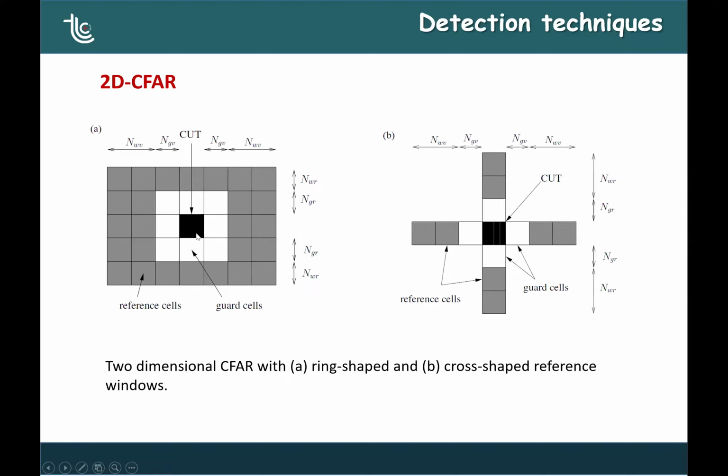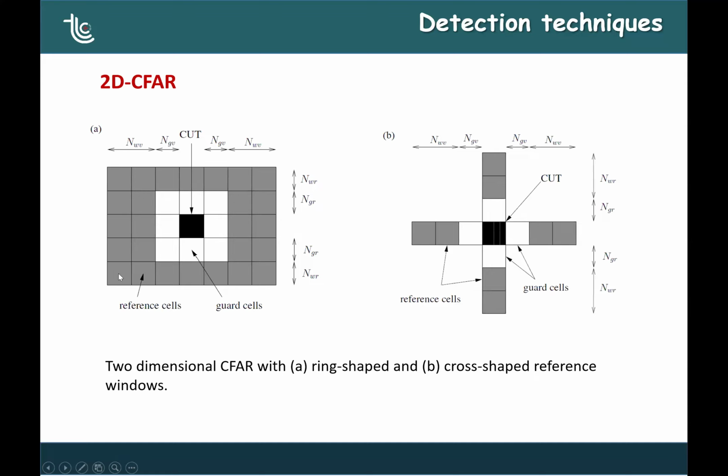So the black cell, the cell under test, is located in a specific Doppler bin and in a specific range cell. And of course, we want to test every range cell in every Doppler bin to be sure to detect all the targets with different Dopplers. So we could apply it in one dimension, only along the horizontal dimension, but each line corresponds to a different Doppler.